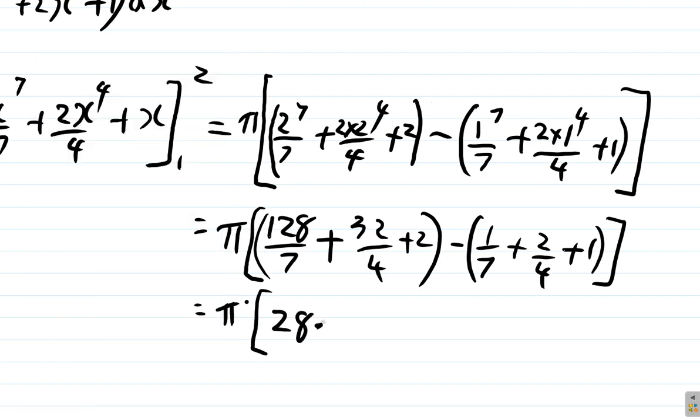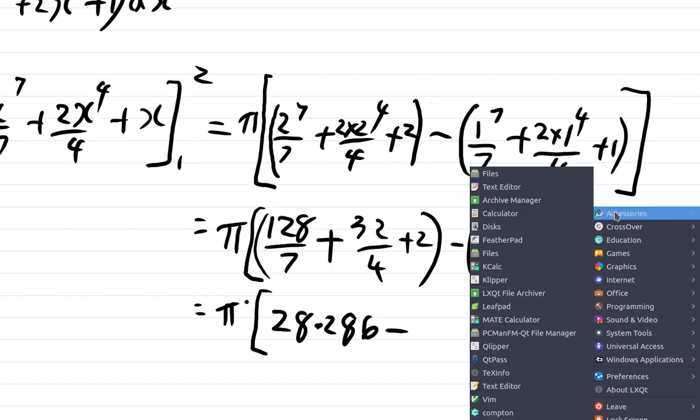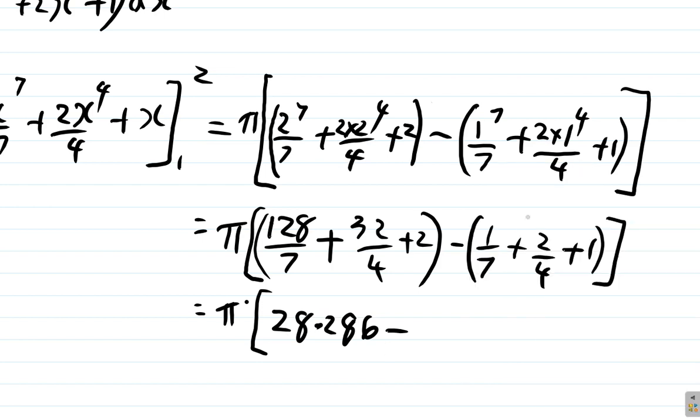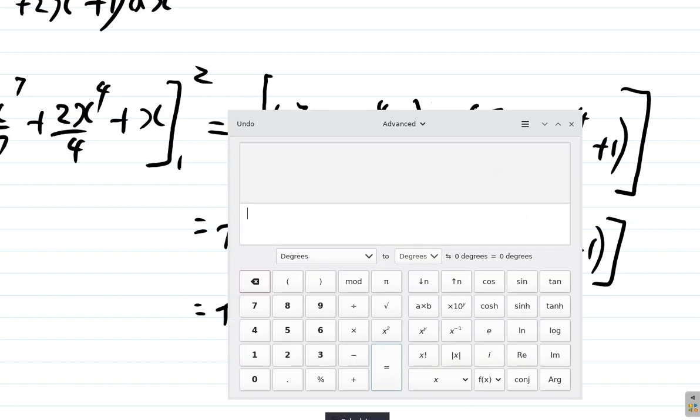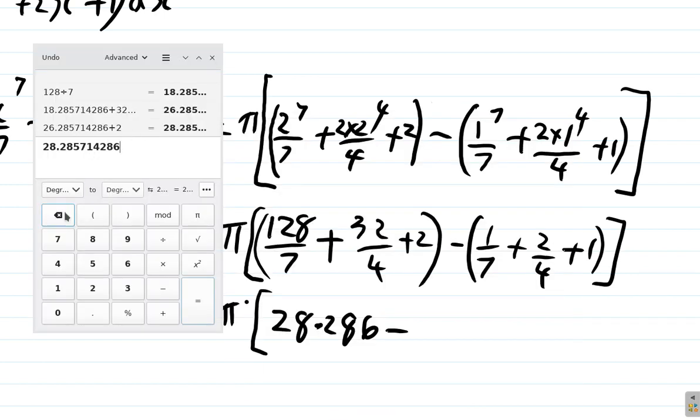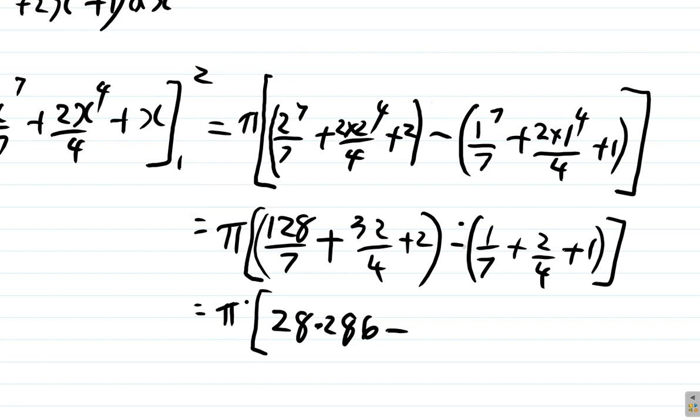We have 28.286 minus, what now? Let us see. One over 7 plus 2 over 4 is 0.5. So it's plus 1 over 2, plus 1 equals 1.643. 1.643. All right.